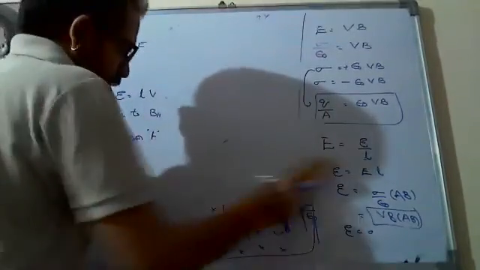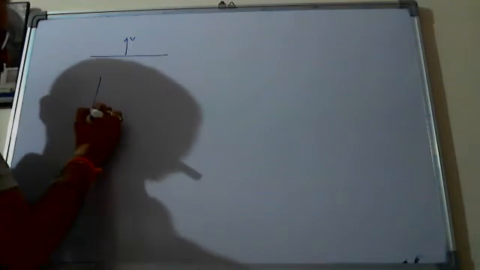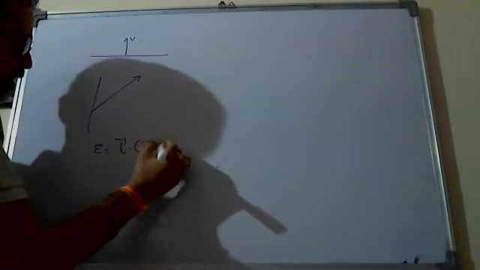And here, suppose I ask one question. Suppose instead of moving the rod with a certain velocity, you can calculate using that box LVB concept.